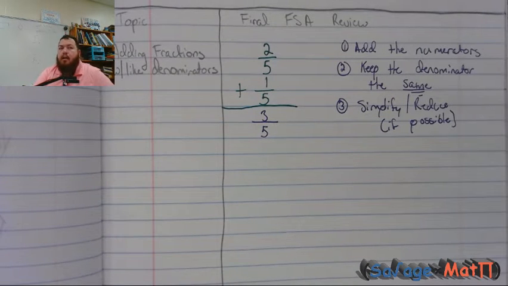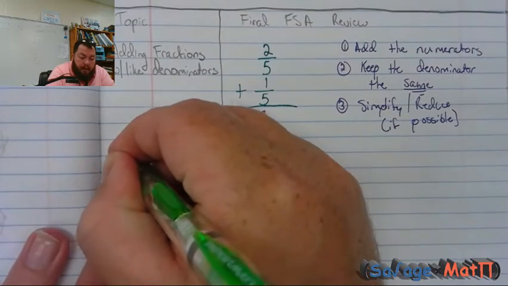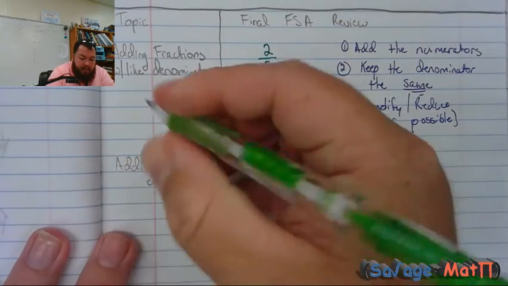Why? They're both odd numbers, both prime numbers. The only thing that goes into 3 and 1 is 1 and itself, so we can't reduce or simplify.